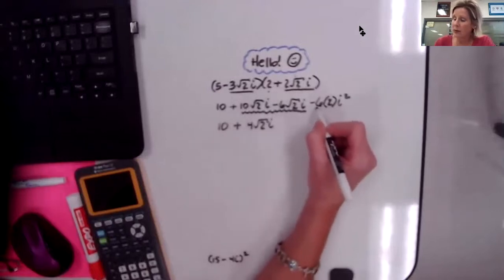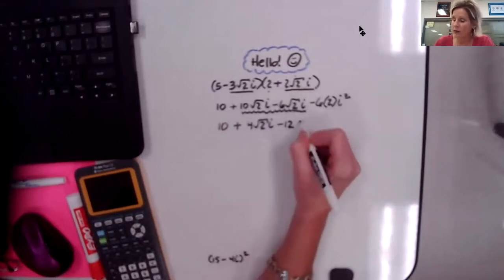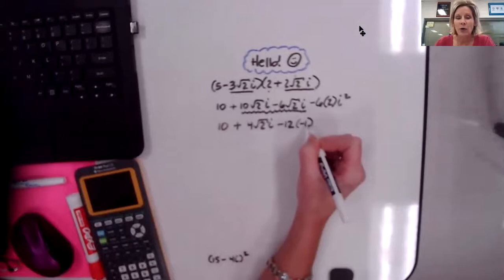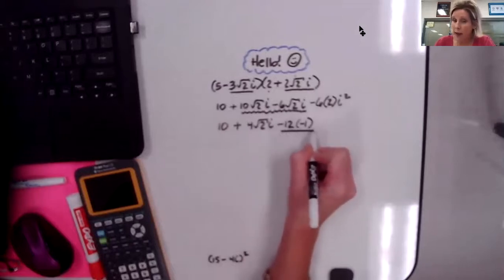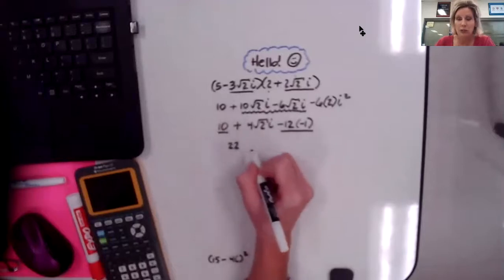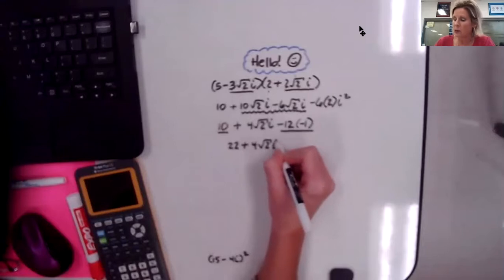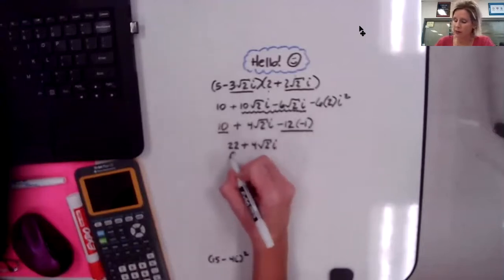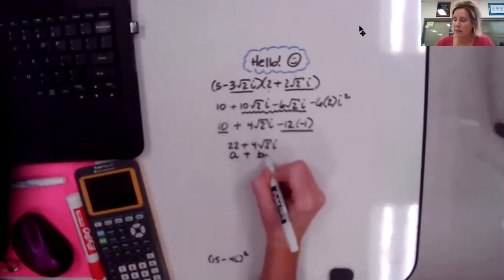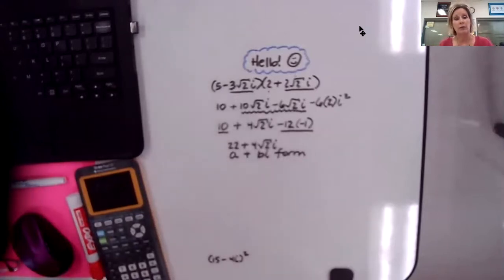Now, this is going to be negative 12. And then remember, i squared is negative 1. Oh, so look, this is 12 and 10, which together makes 22. And then plus 4 square root 2i. So as a review from yesterday, remember this is a plus bi form. And that's what you need, okay?